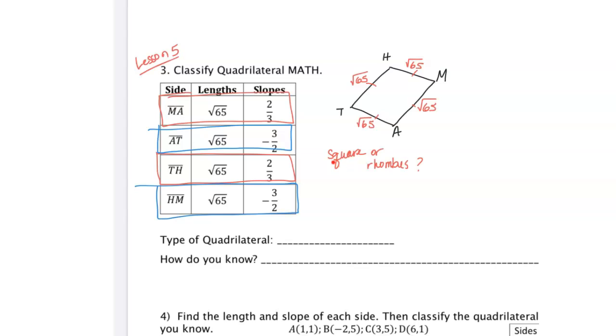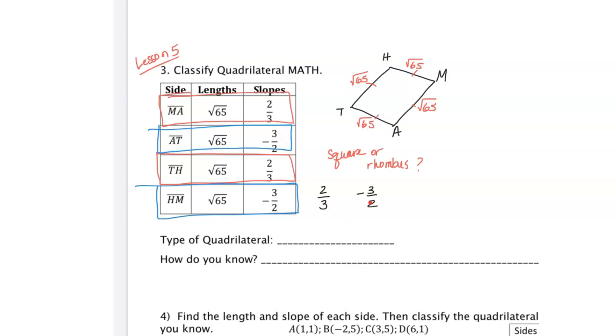But if you can recall, and if you go back in your notes, a square has perpendicular sides. Perpendicular means that we have opposite reciprocal slopes. So let's see if we have any opposite reciprocal slopes here. So we have 2/3 and negative 3/2.